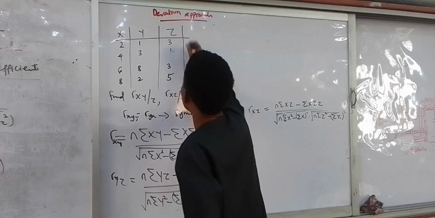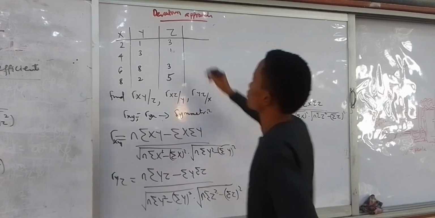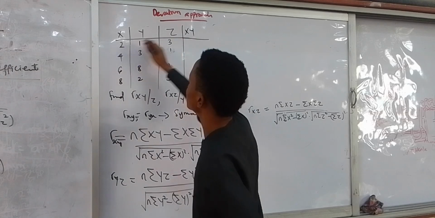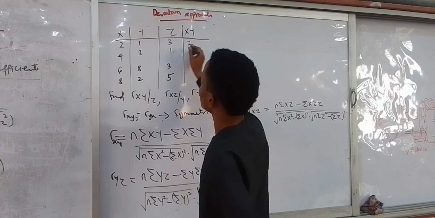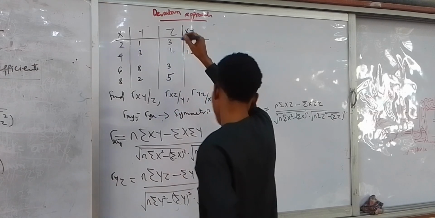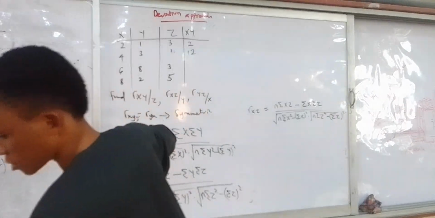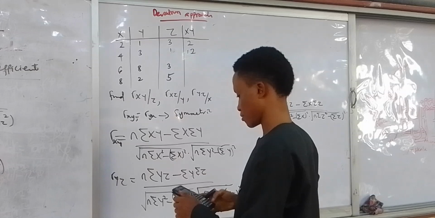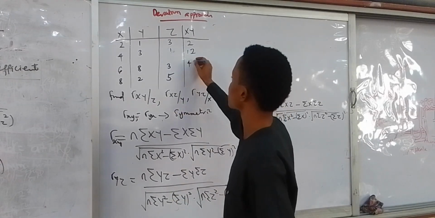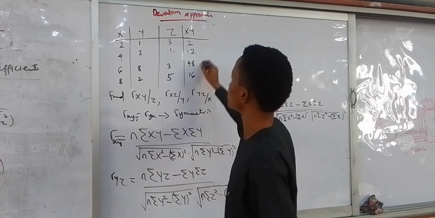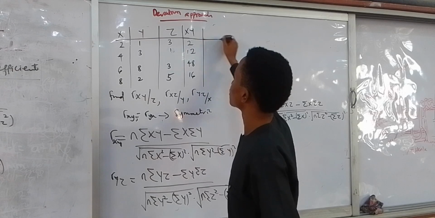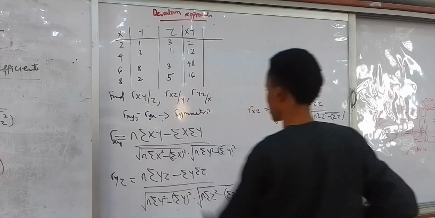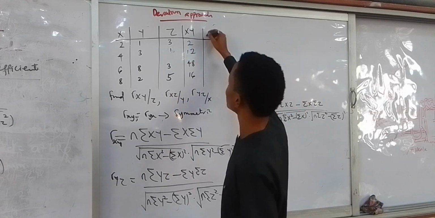Now, the first thing there is to obtain xy. This will be this multiplied by this, 2 times 1 is 2, then 12, then 48, then 16. Let's first analyze x squared.